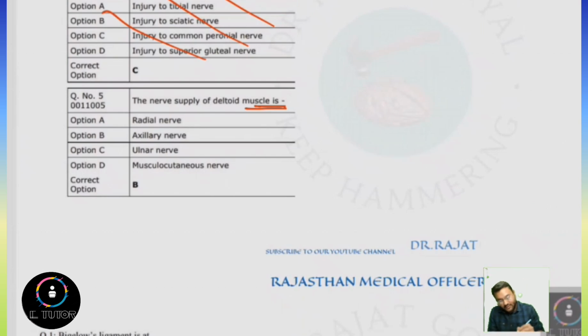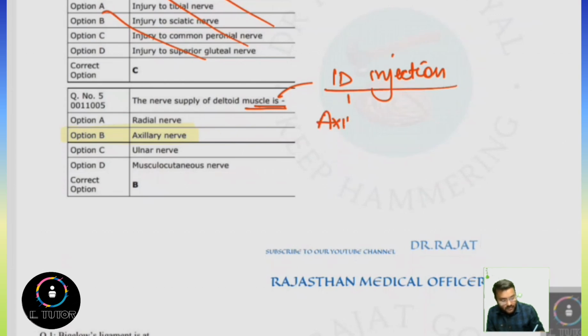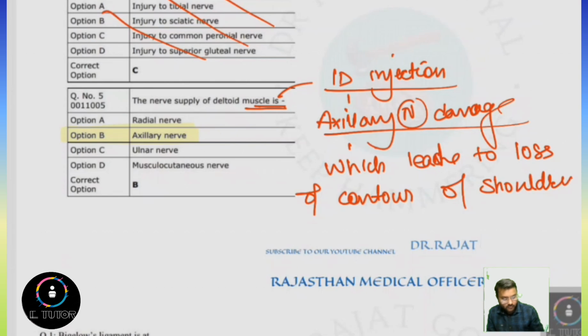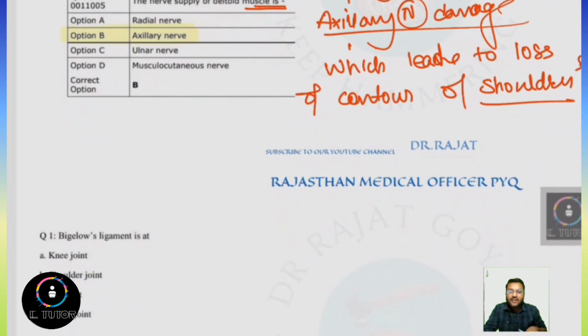Nerve supply to deltoid is the axillary nerve, and during intradermal injections, this axillary nerve may be damaged, which will lead to loss of contour of the shoulder. So the answer will be option number B, axillary nerve.